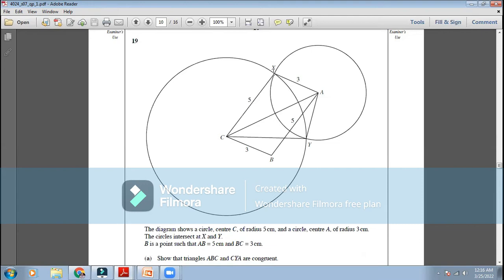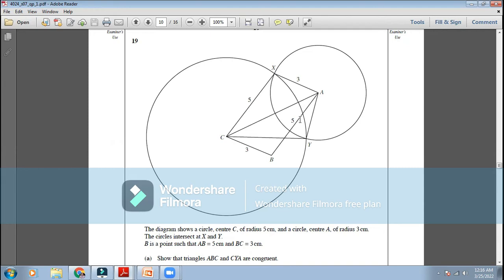So try to understand. AX is the radius of the small circle, that's 3 centimeters. AY is also a radius, so also 3 centimeters. CB is 3 centimeters, it is already given. CX is 5 centimeters, the radius of the big circle, and in the same way CY is also 5 centimeters. AB is 5 centimeters, it is given.